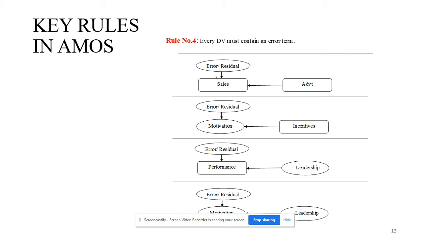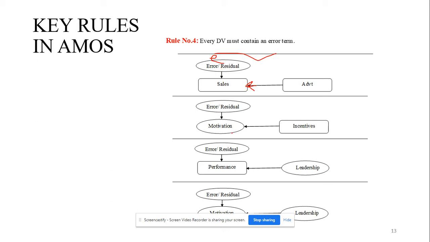Just as I said before, each dependent variable must contain an error term. How do we say something is a dependent variable? Normally you will see an arrow coming into it from the other variable. So you see this is dependent, and it will have an error term, or sometimes we call it a residual, associated with it.